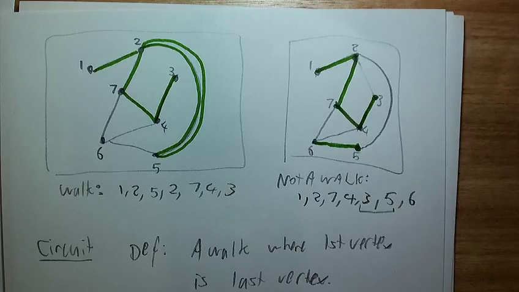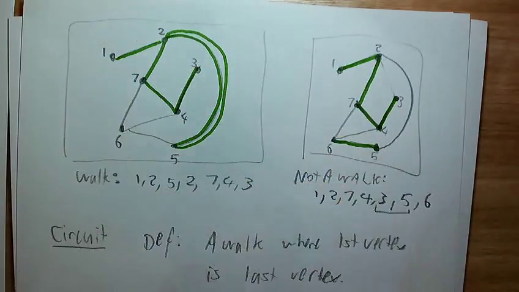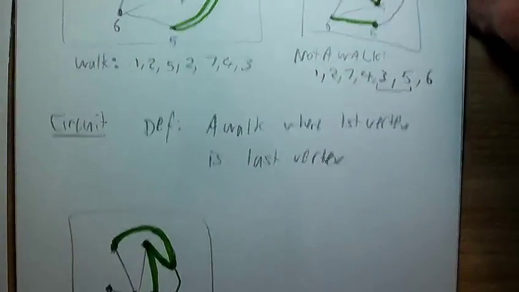So a walk only works if there's a path that goes from each step to the next step. I can't go direct from 3 to 5, so it's not a walk. It's worth pointing out.